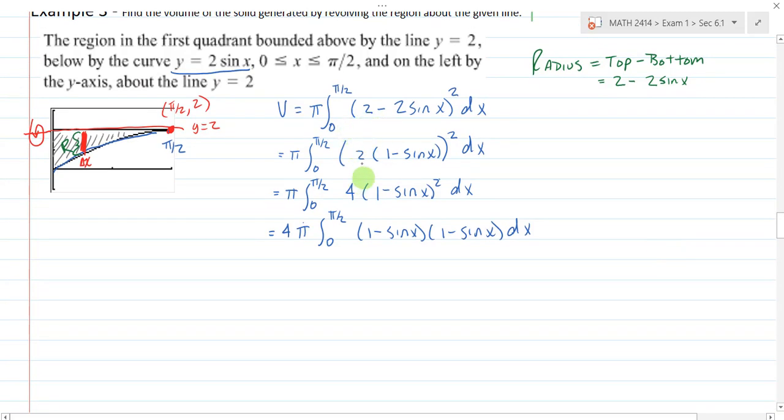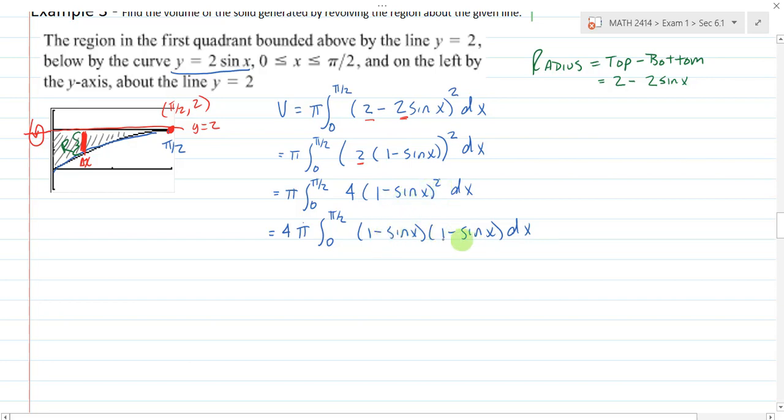The question was, how did I turn the 2 minus 2 sine x into 1 minus sine x? Both of these terms had a common 2, so I pulled that common factor of 2 out. And then what I did was I distributed the exponent to the 2 and to the 1 minus sine x, so the 2 squared became 4, and then that left me the 1 minus sine x squared.